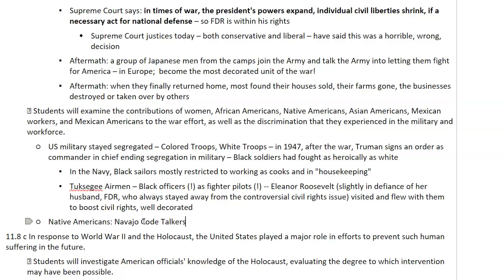So they got these Native Americans, Navajo kids, who became radio operators and simply talked to each other in their own language. And they made up certain codes among themselves with it. But it is a pretty interesting story. If you're interested, I doubt the Regents will get too detailed on it, but you can look up the movie. It's a good movie. You guys would probably like it.